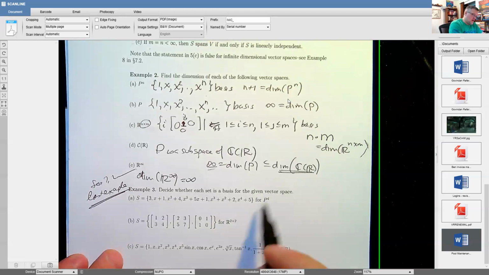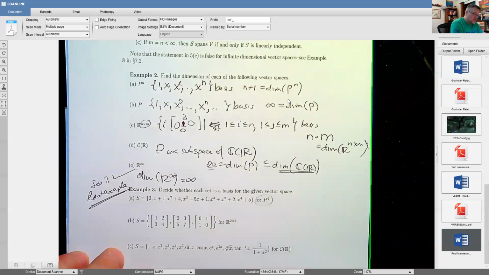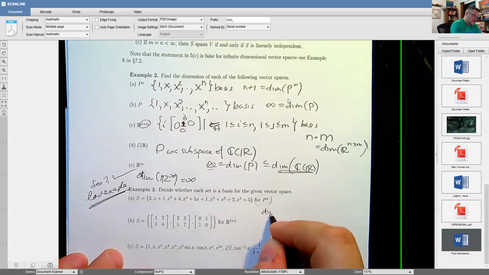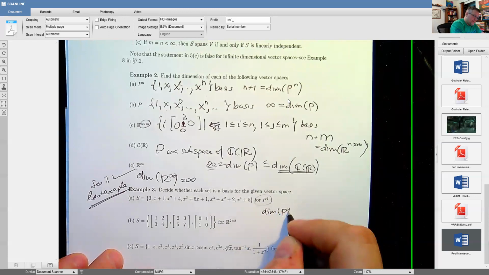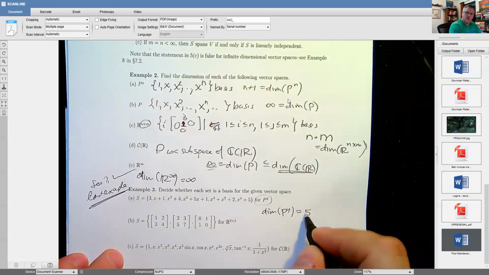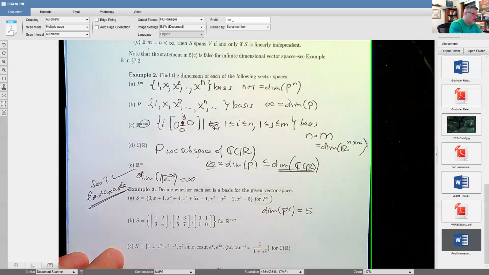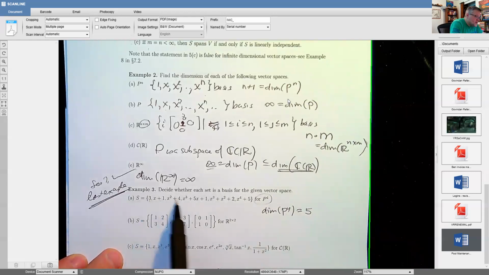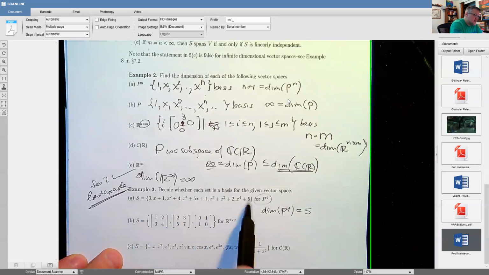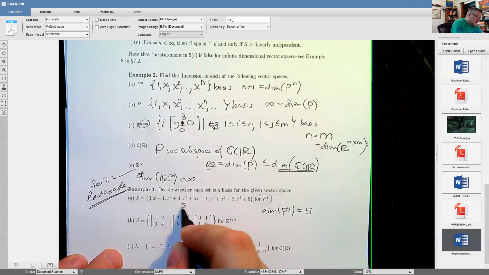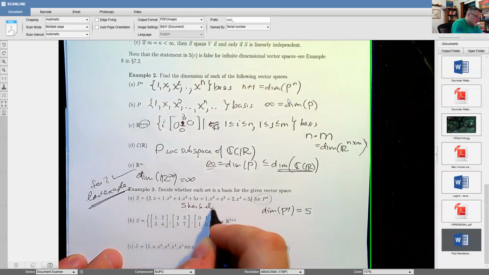So notice here that this one has a dimension of 5. We know that the dimension of Pn is n plus 1, so that has a dimension of 5. But you have 1, 2, 3, 4, 5, 6 elements in here. S has 6 elements.